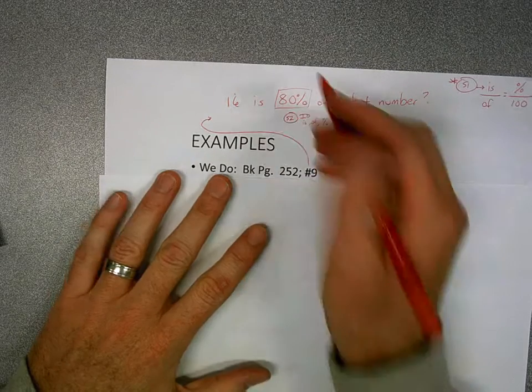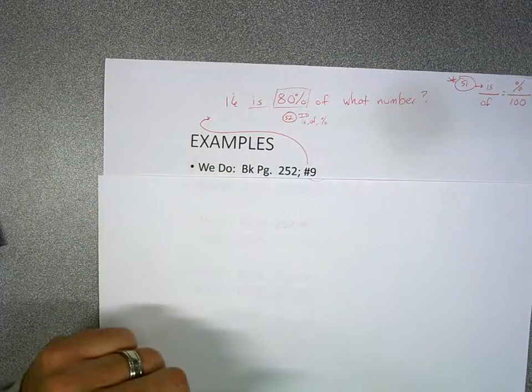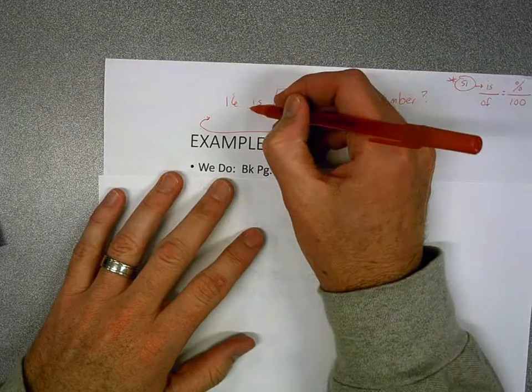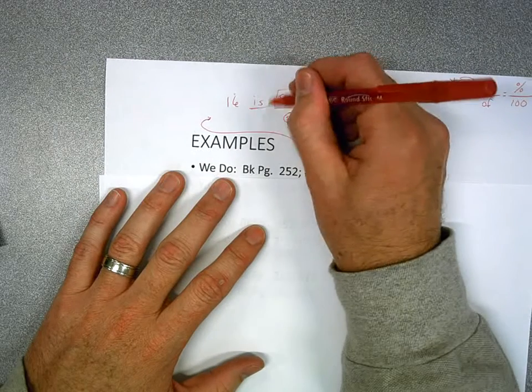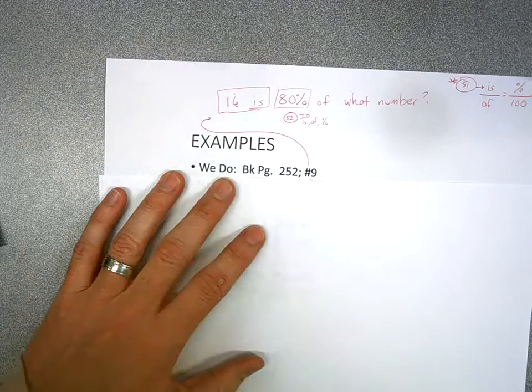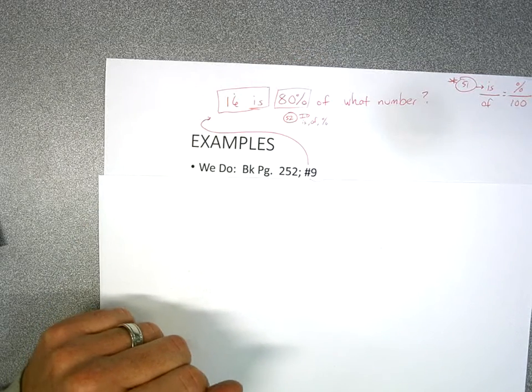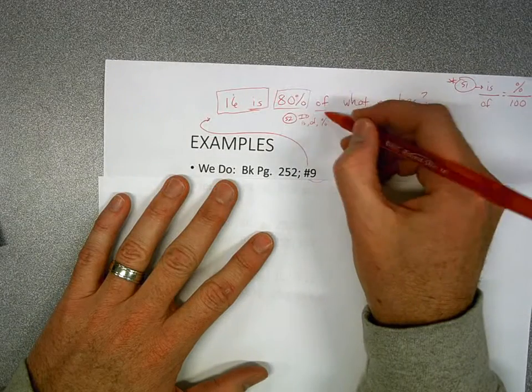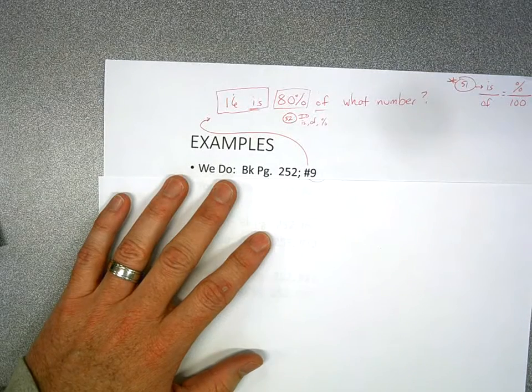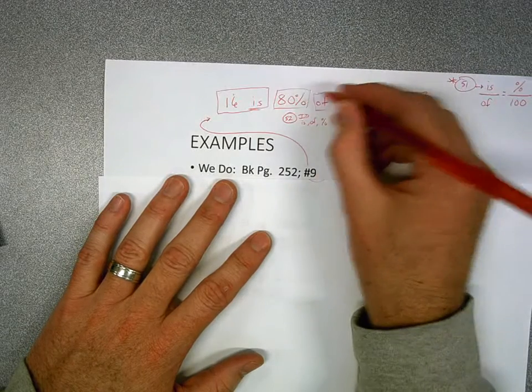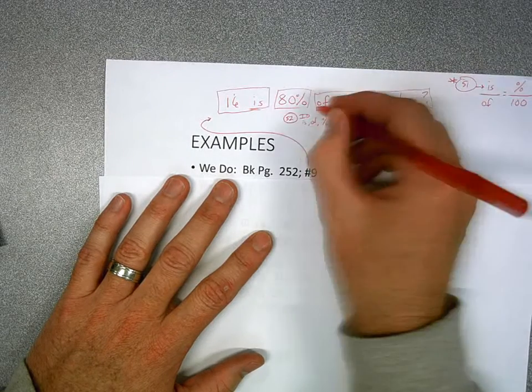Now, here is your word is. Take a look at the number connected with the word is: 16. Now the word of, the key word showing the whole, is of course what we need to find out.